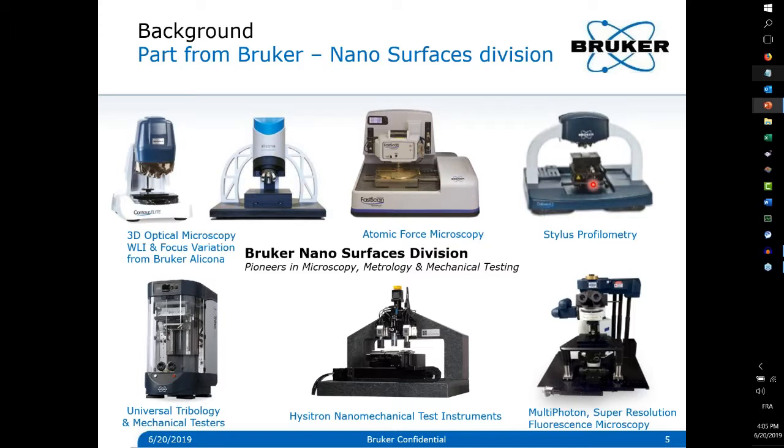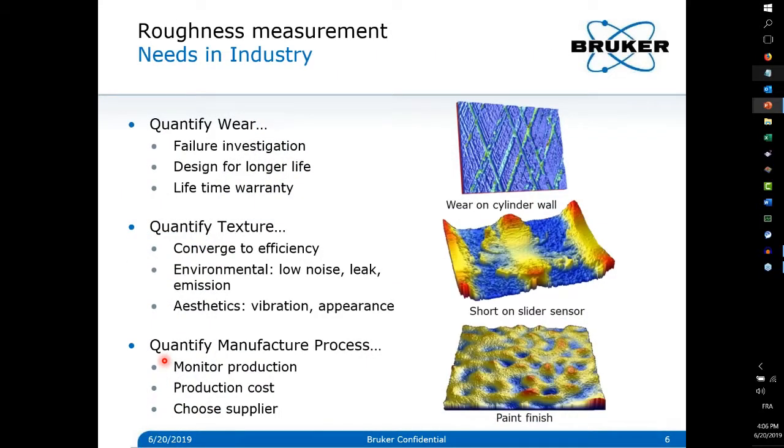But we are not limited to studying the surface. We like to test them through mechanical testing, such as nano indentation or wear testers, for instance. So all that brings us the ability and a unique position to bring some key applications and share that with all of you.